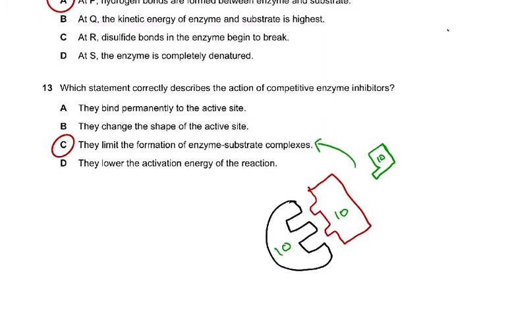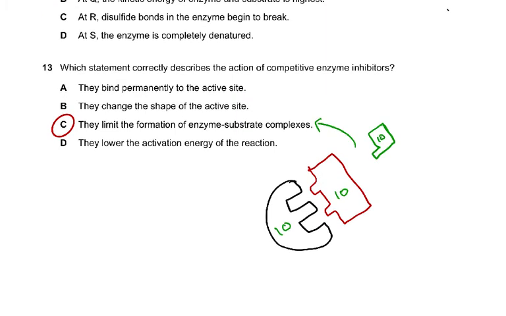Then it says which statement correctly describes the action of competitive enzyme inhibitors. Now we are on question 13. They bind permanently to the active site. Competitive means that the shape is the same as the substrate, so you can see I've given you this. They change the shape of the active site. No, they limit the formation of enzyme substrate complexes.